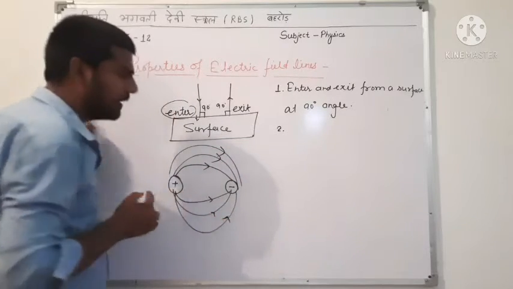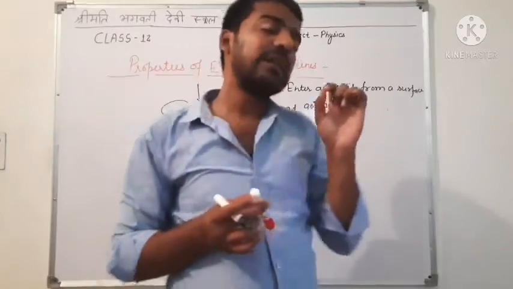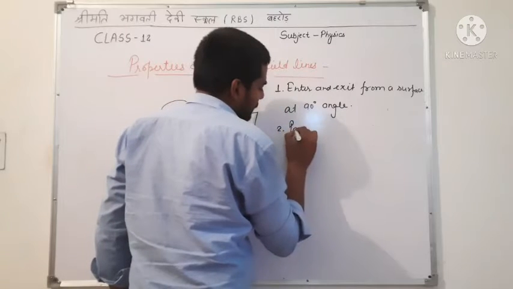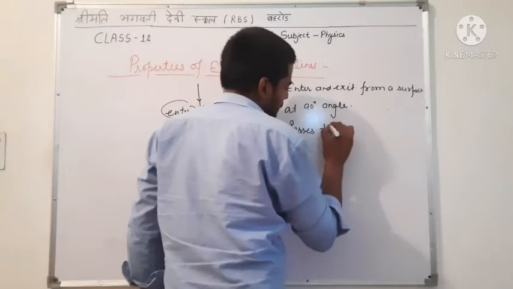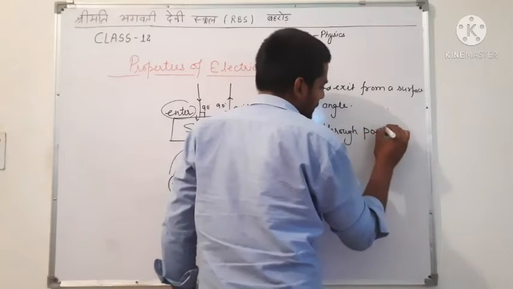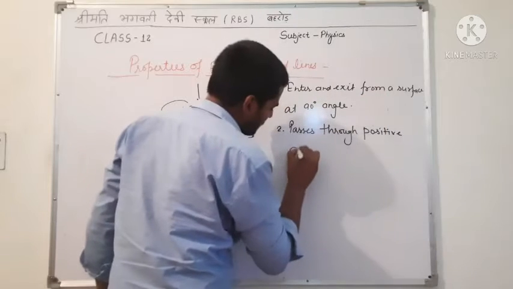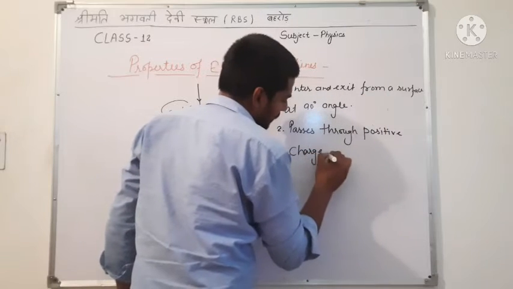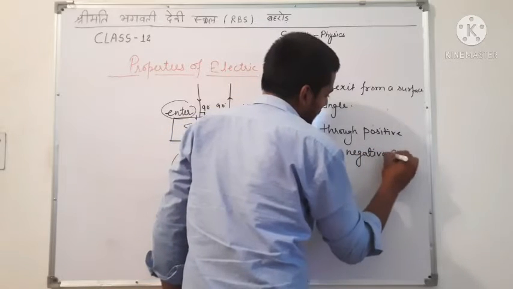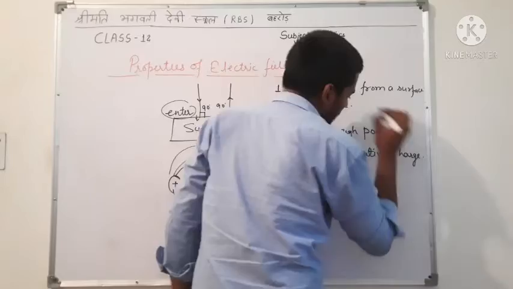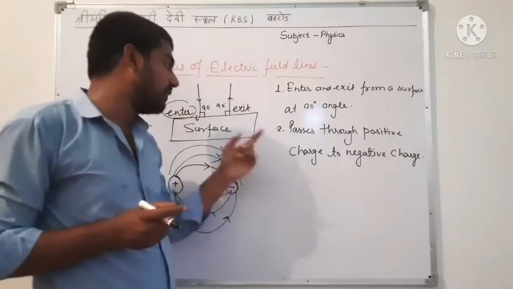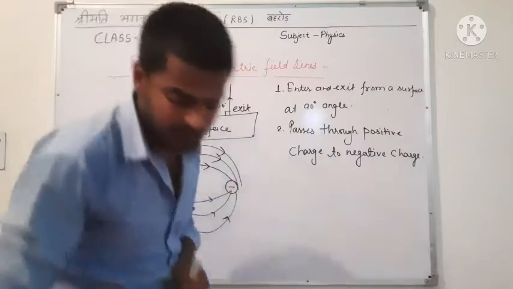Always the electric field lines pass from positive charge to negative charge. This is the second property of electric field lines.